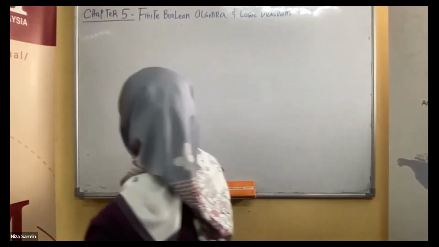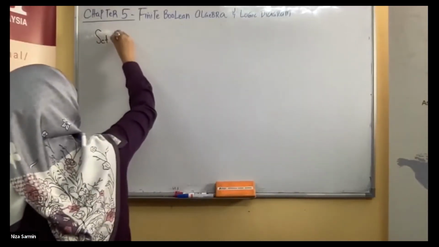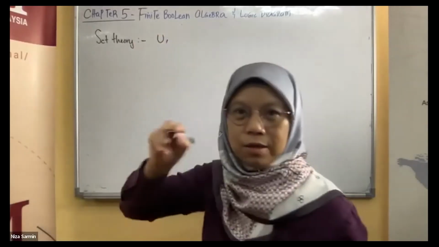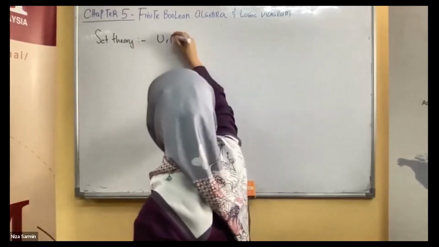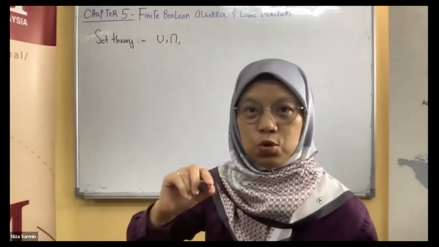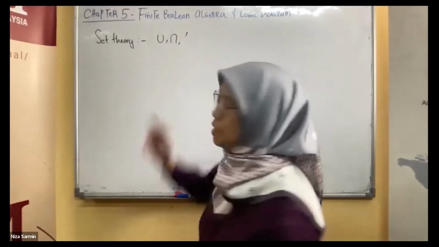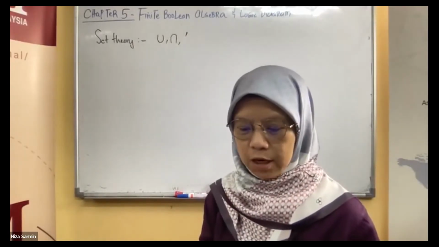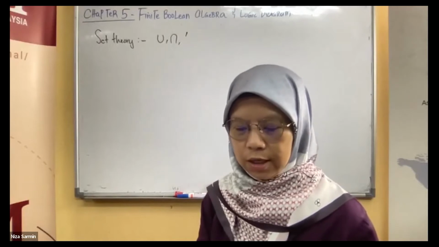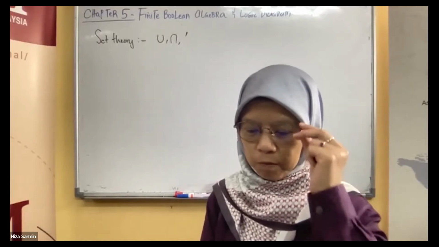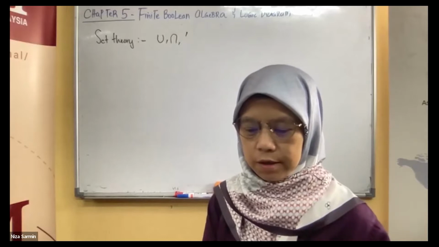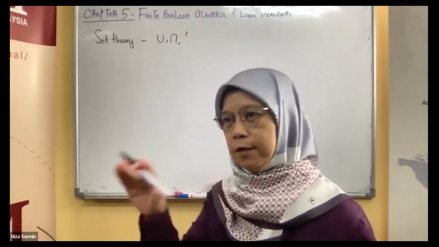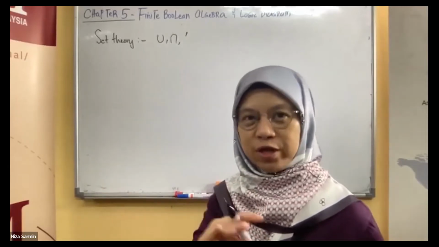Okay, now in the set theory, if you remember, we have union between two sets. We have intersection between two sets. We also have the complement, right? The set complement is the thing outside. Now in logic we also have the truth, right?